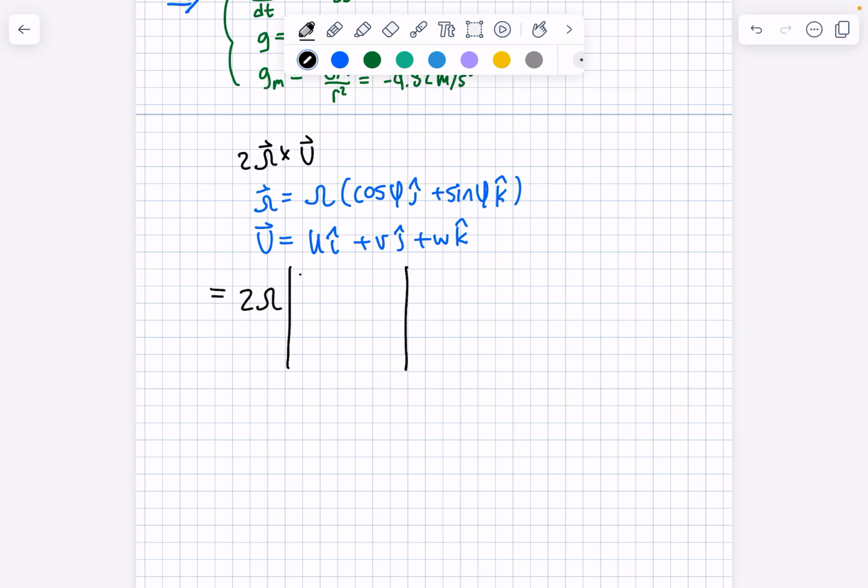For the definition of curl, write the i, j, k, and then you put the left-hand term. You put the i component of the left-hand term, j component, and k component, and that will be 0, because there's no component for i. Then we have cosine phi, that's the j component, and then the k component will be sine phi.